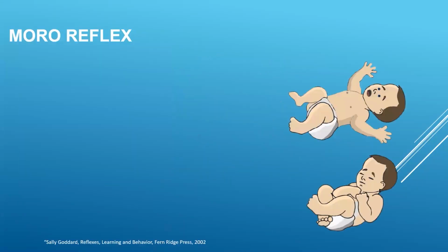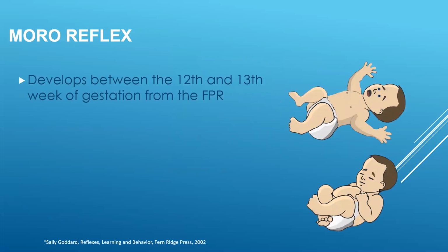So the next thing to talk about is the Moro reflex. The Moro reflex develops between the 12th and 13th week of gestation, and it should be gone by the time the kid is about 4 months old. It is a startle response for the protection of the lungs.